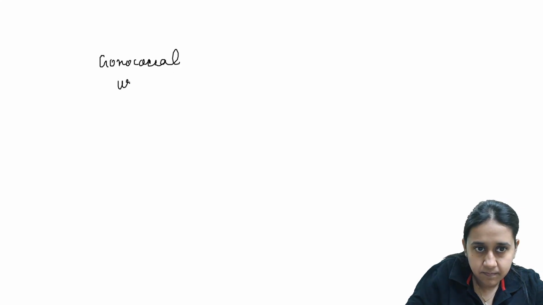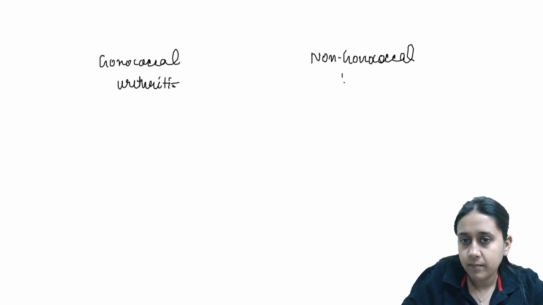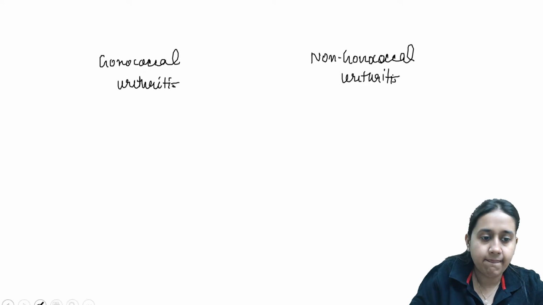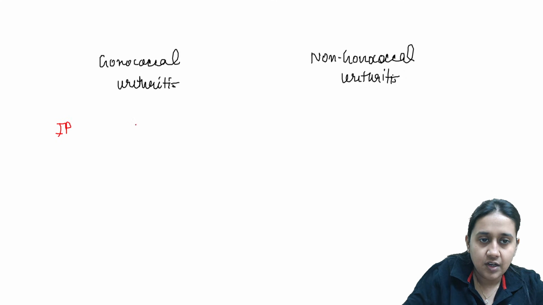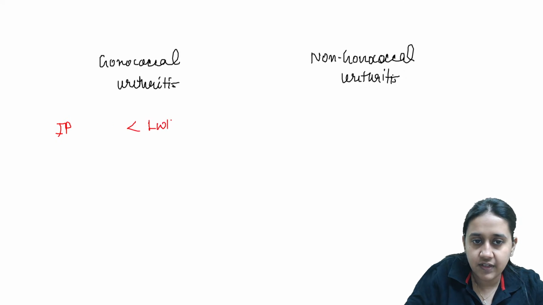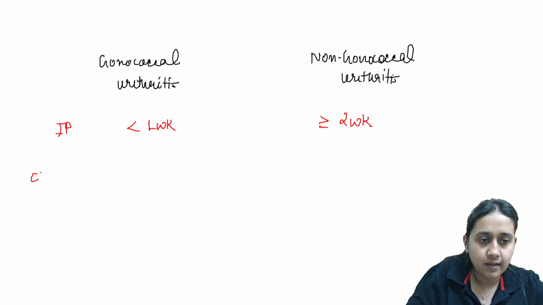How to differentiate gonococcal urethritis from a non-gonococcal urethritis? First is the incubation period. For gonococcal, it is always less than a week. For non-gonococcal, it is more than or equal to 2 weeks.